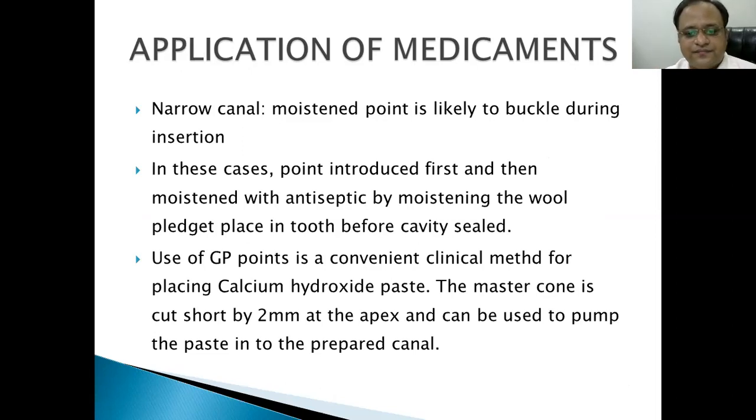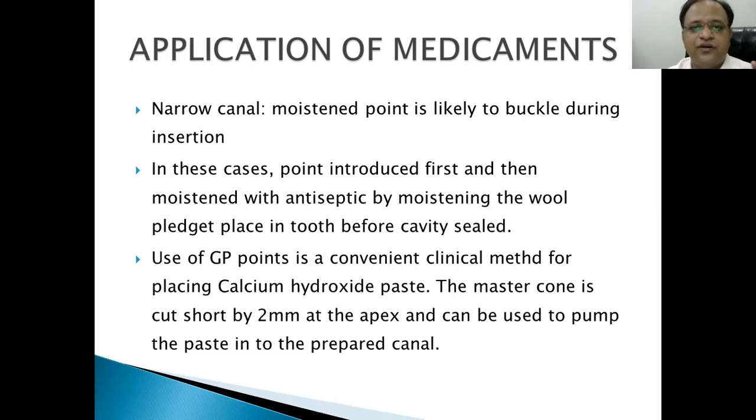Also, GP points are a very convenient method of placing your calcium hydroxide or any other intracanal medicament. Once the entire preparation is over, we can take the master apical GP point that we have chosen, the master cone, and cut it short by 2 mm from the working length, the last apical part.